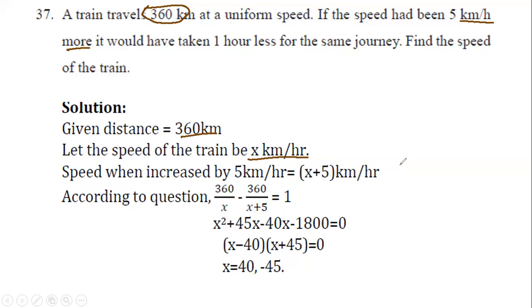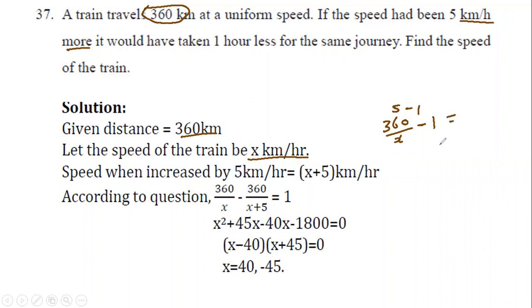Here, the formula is distance traveled divided by speed, so 360 divided by x, and with the increased speed, minus 1 hour. For example, the train needs 5 hours to reach the destination, but it takes 1 hour less.